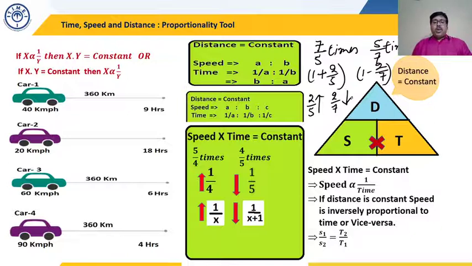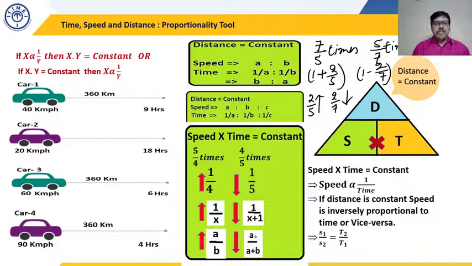So can I extend this observation to a more generic one: if one of the quantities increases by a by b, then the second variable is decreased by a by a plus b to keep the product constant. So if one variable is increased by 2 by 5, a is 2, b is 5, then the second variable is decreased by 2 by 2 plus 5 to keep the product constant.